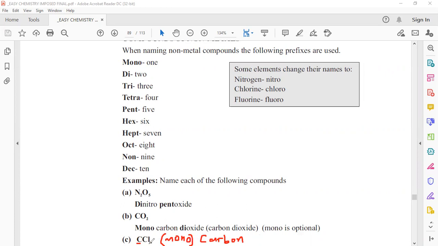And how many chlorines? 4. What is the meaning of 4? 4 is a tetra. So this is carbon tetrachloride, because you have one carbon and four chlorines.